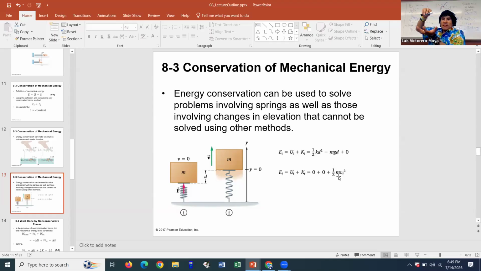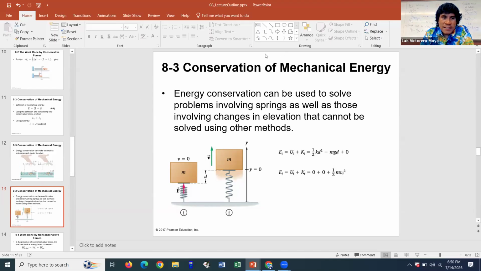Like you have a spring, you compress it, there's potential elastic energy, you let it go, the mass speeds up, kinetic energy, and then when the mass goes all the way up and it stops, there's no more kinetic energy. So where did it go? Into potential energy. Okay? So those are examples of conservation of energy.